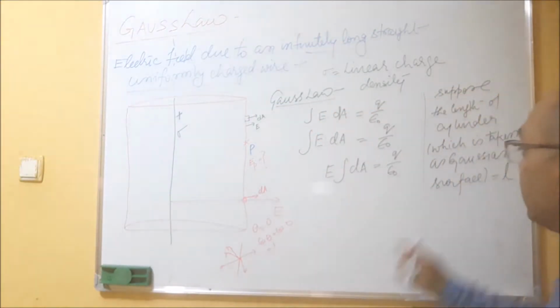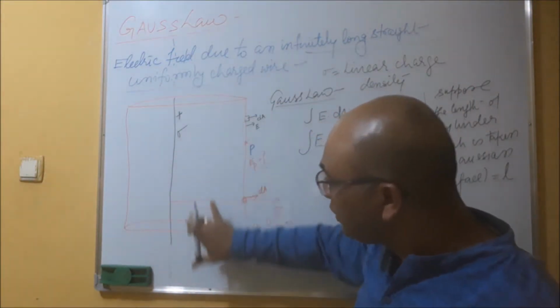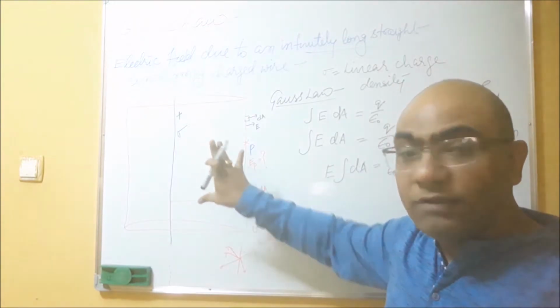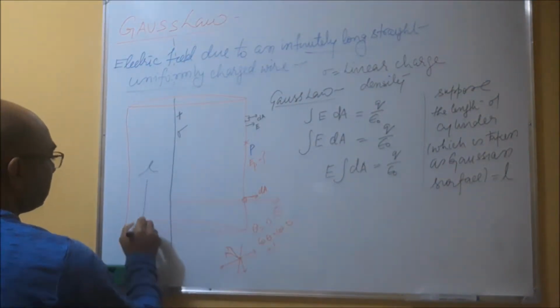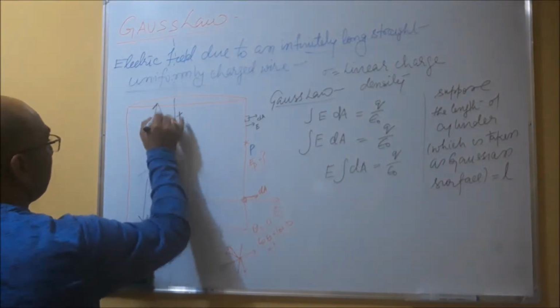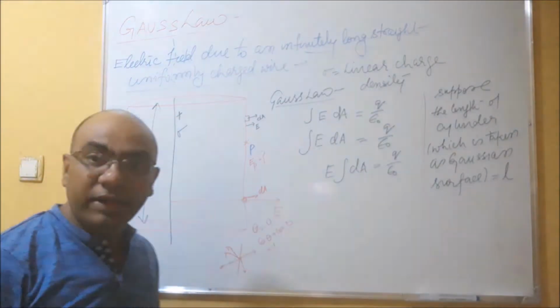What I am saying is that this is the Gaussian surface, the slender, and for this slender which I am taking as a Gaussian surface, this length is L, right?